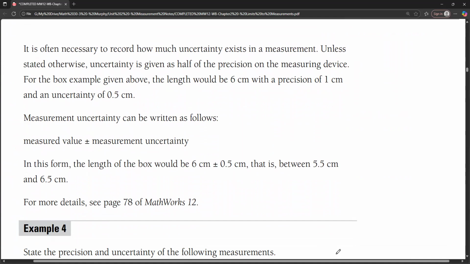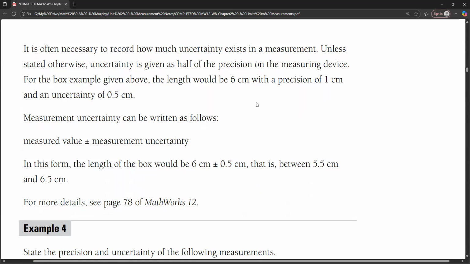For the box example given above, the length would be 6 centimeters with a precision of 1 centimeter and an uncertainty of half a centimeter. Measurement uncertainty can be written as follows: measured value plus or minus the measurement uncertainty. In this form, the length of the box would be 6 centimeters plus or minus half a centimeter. That is between 5.5 and 6.5 centimeters.